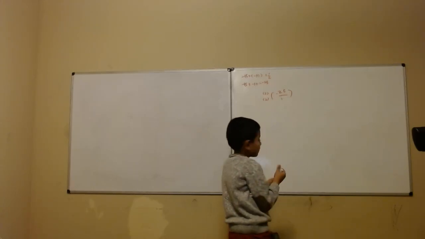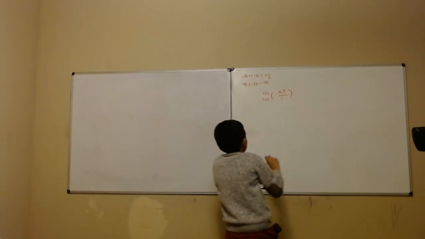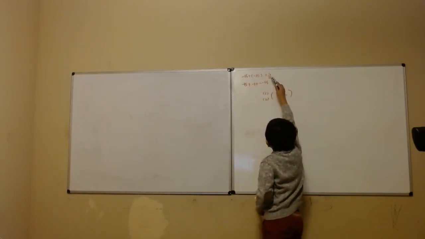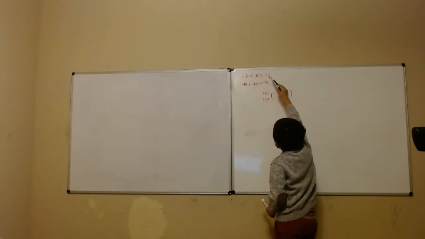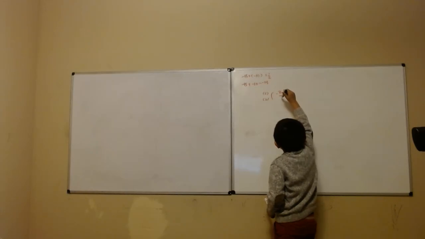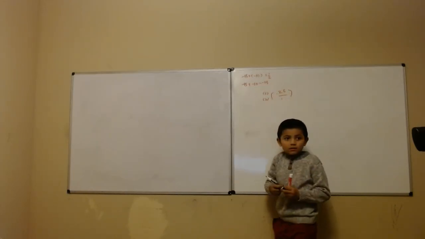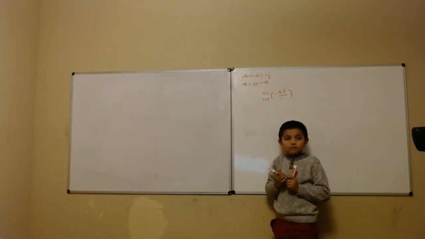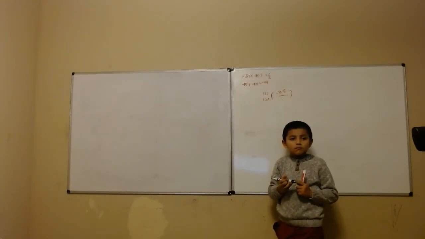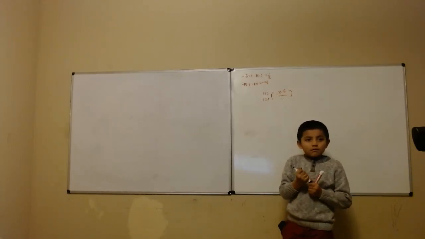Okay, so why are you multiplying by 2? Because one half, because the denominator is 1. The denominator is 1?